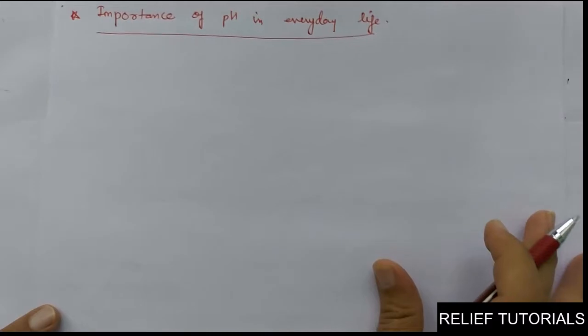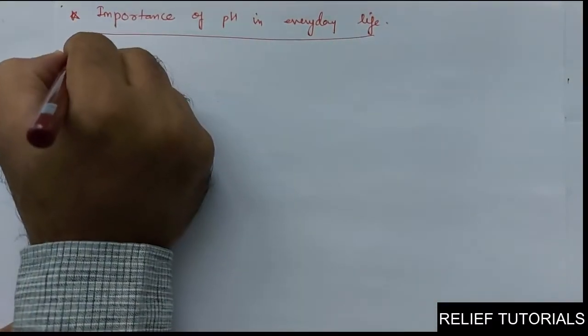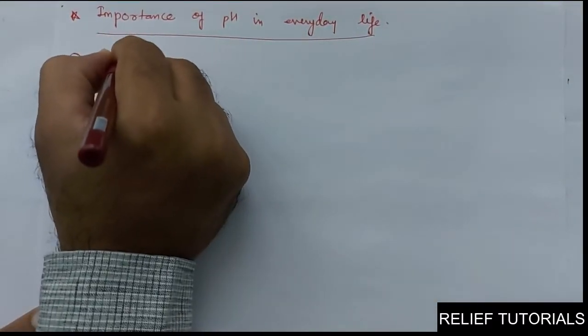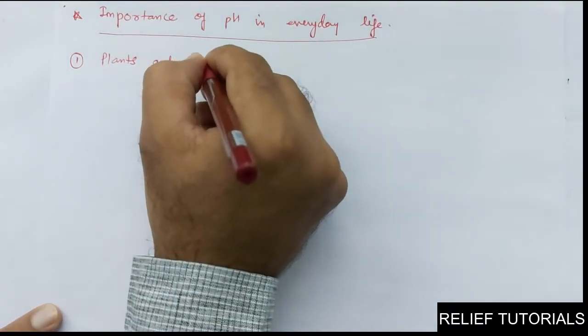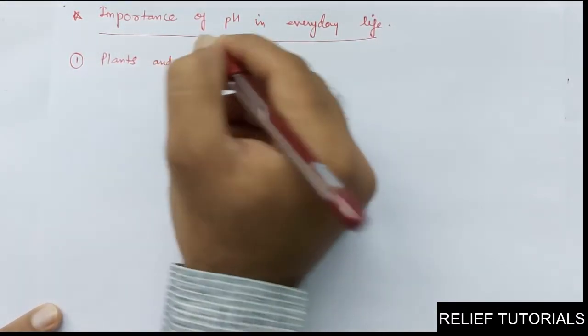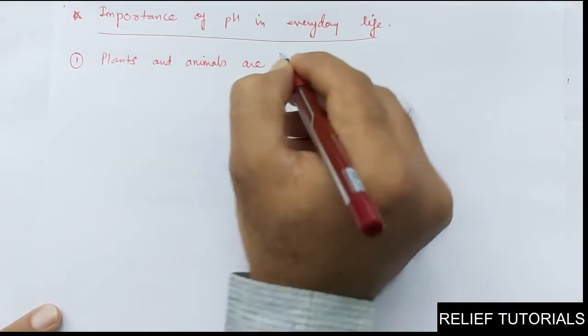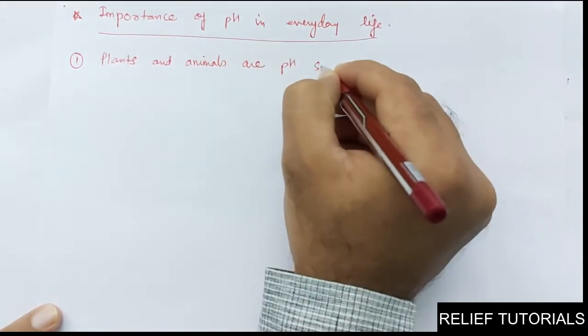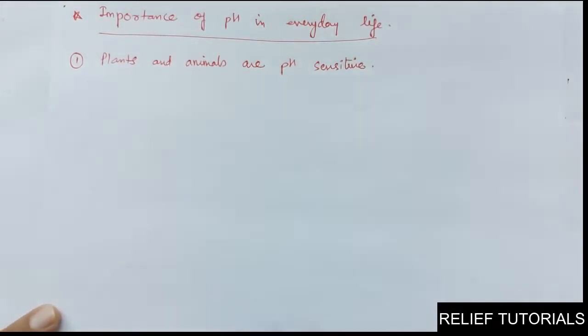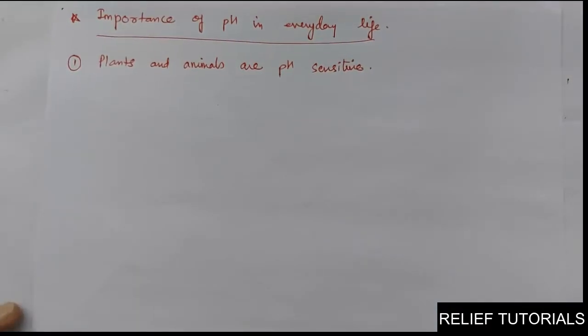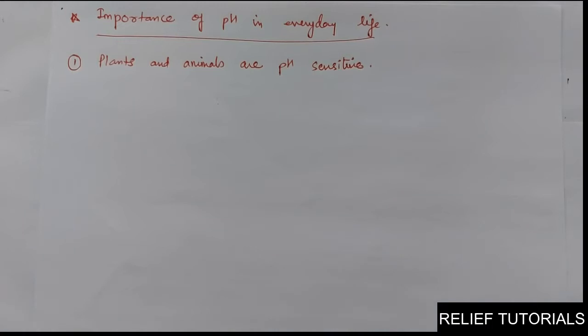The first point is plants and animals are pH sensitive, including human beings. Plants and animals are pH sensitive.